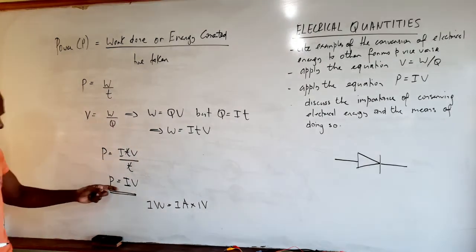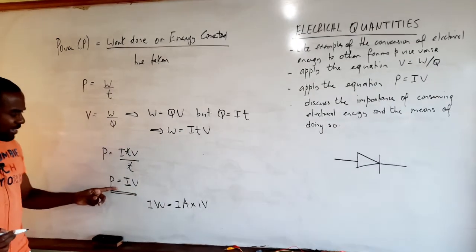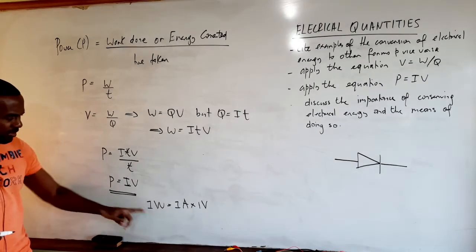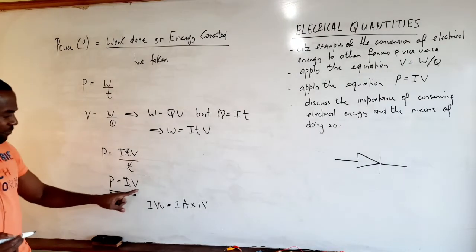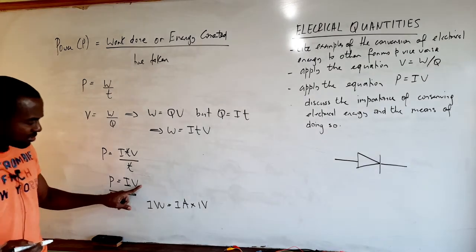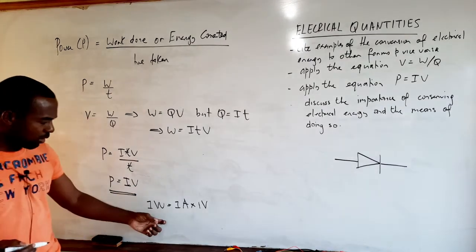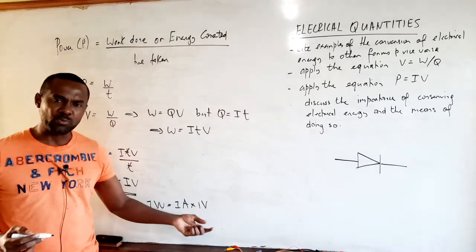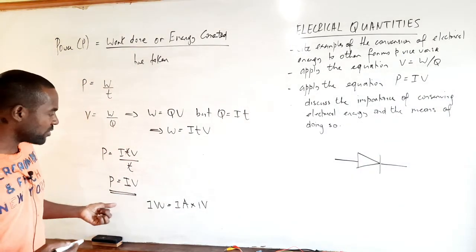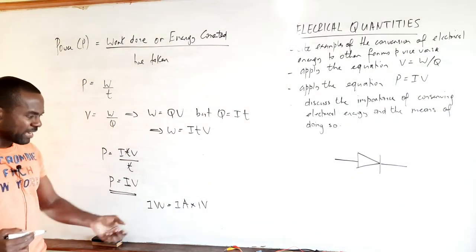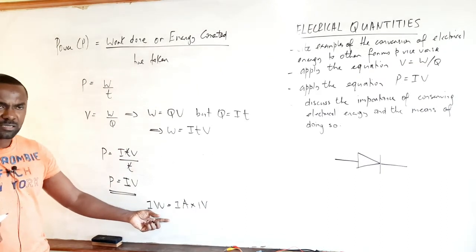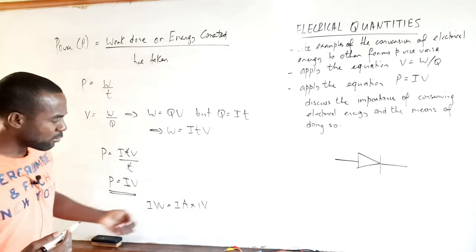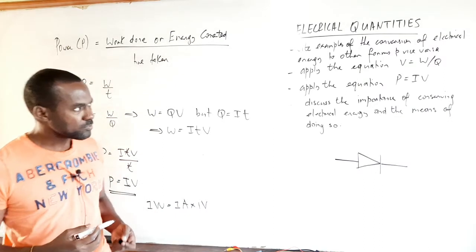So using this formula, P is equal to IV, the SI unit of power is the watt, the SI unit of electric current is the ampere, and the SI unit of voltage or potential difference is the volt. And therefore 1 watt is equivalent to 1 ampere times 1 volt. So whenever we're using this equation to calculate power, we don't need to write down ampere volt, we can just write down the unit as watt, because you know that this will be equivalent to the watt.